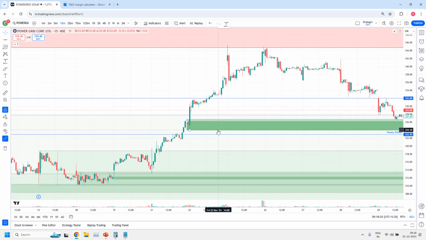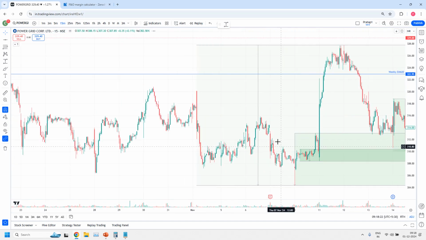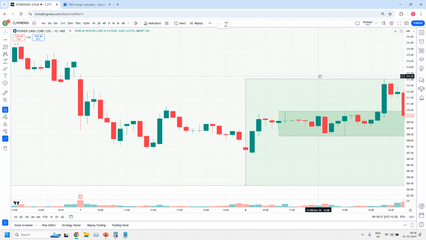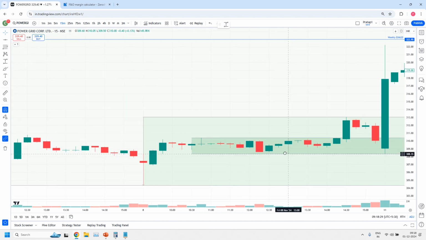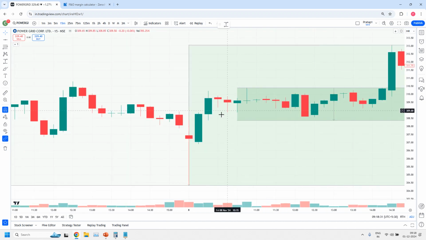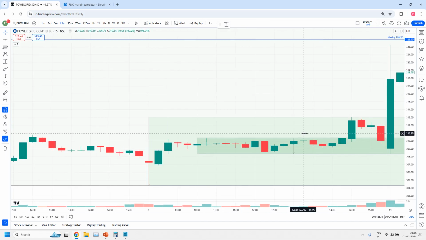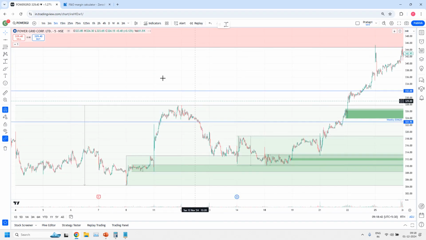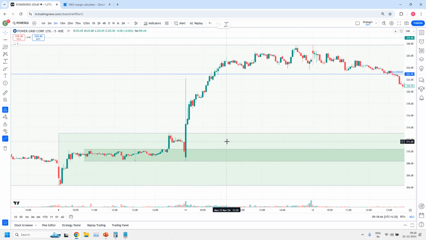Now in the 15 minutes time frame you see, just to find any order flow below this. Is there any 15-minute structure here? No 15-minute structure here. Or is there any 5-minute structure within this area?